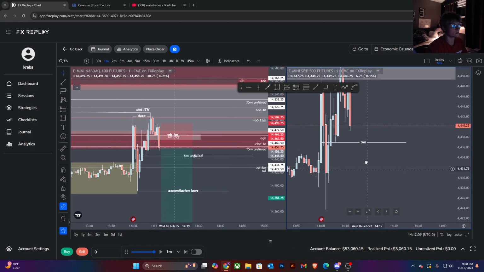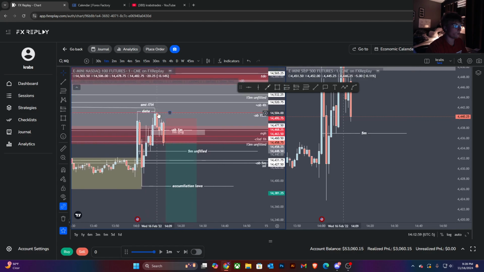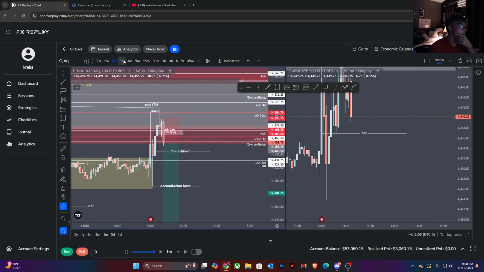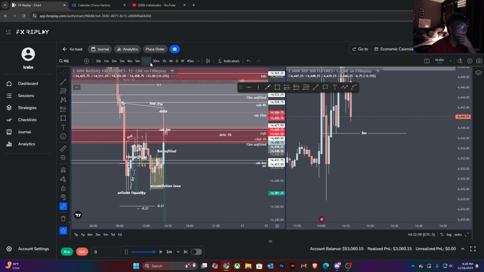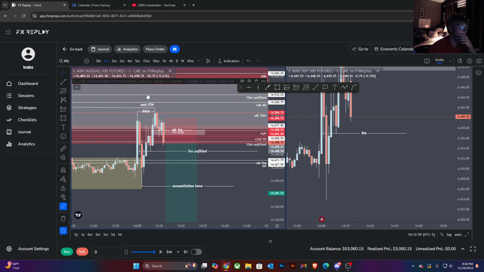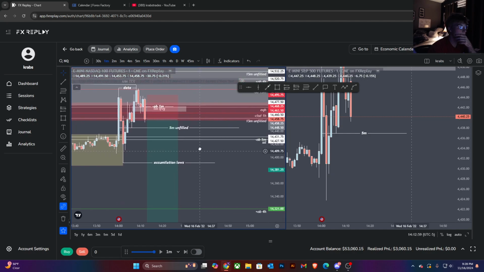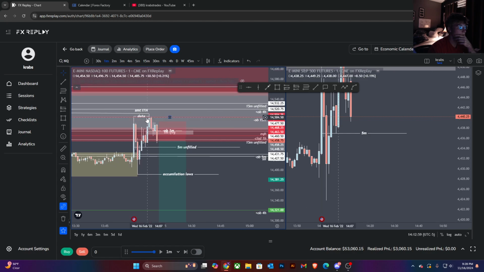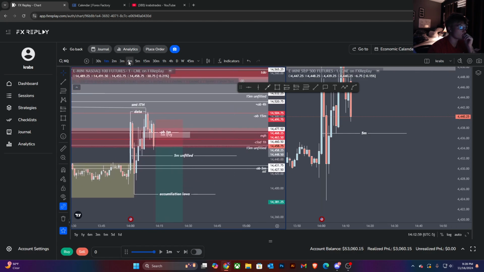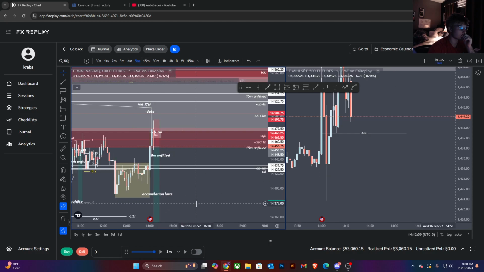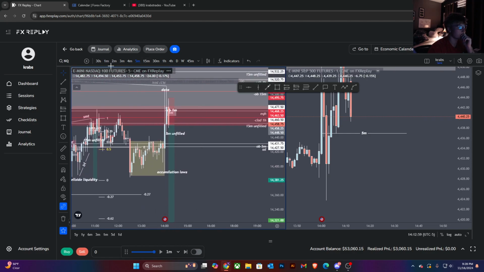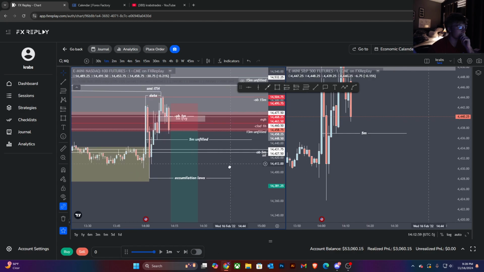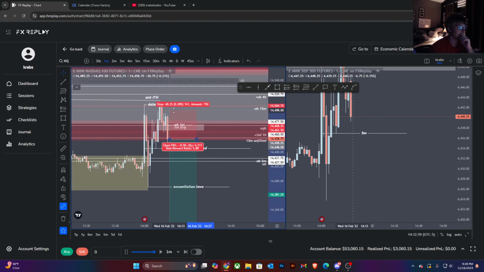Actually, it looks like the same setup. For stop loss, pretty volatile right now. Probably just run 40-point stops here.